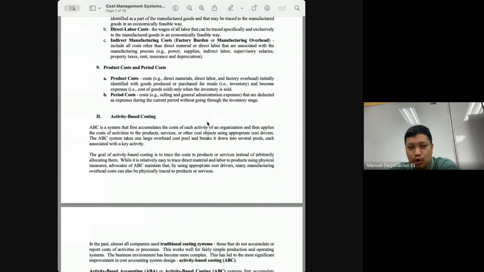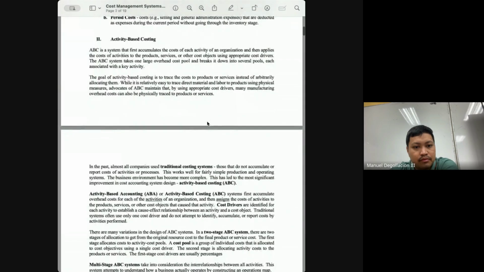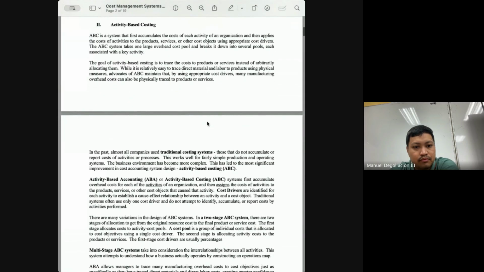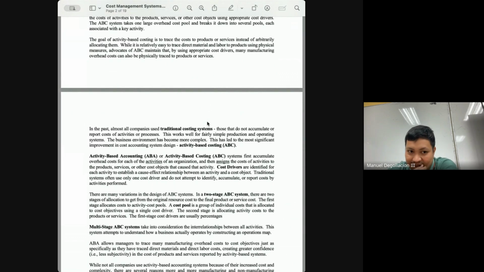Here it says that the goal is to trace the cost to products or services instead of arbitrarily allocating them. Here, activity-based accounting or activity-based costing.